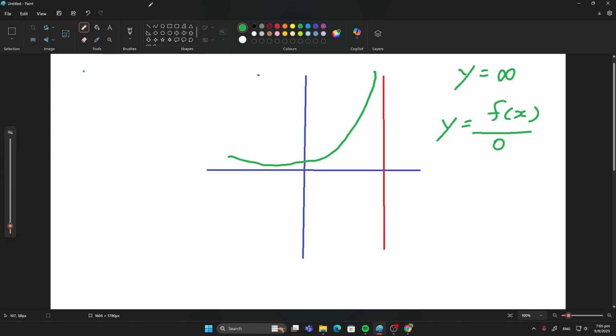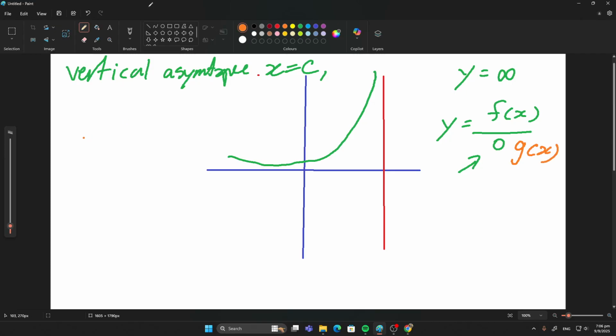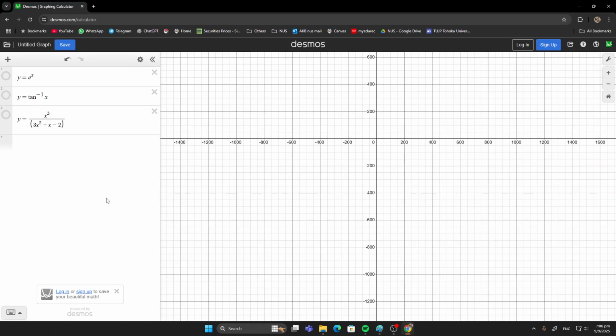Which is why when you are finding vertical asymptotes, where x equals a certain constant, you just have to take the denominator equals to 0. So now let's just assume that the denominator is g(x). So what that means is g(x) equals 0. So if you look at our quiz, this was the denominator, 3x squared plus x minus 2.